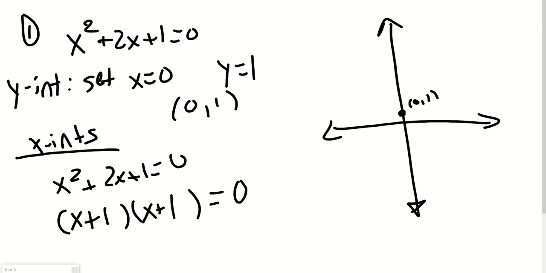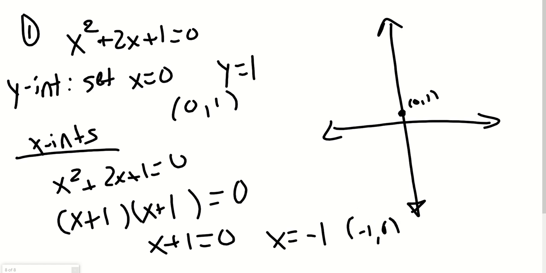Okay. And that's just going to be x plus 1 equals 0. So therefore, x equals -1. So that means at -1, 0, I'm going to have a point there as well.